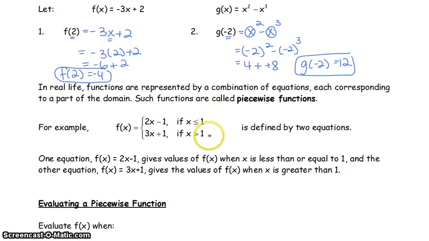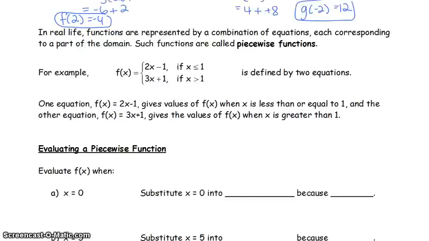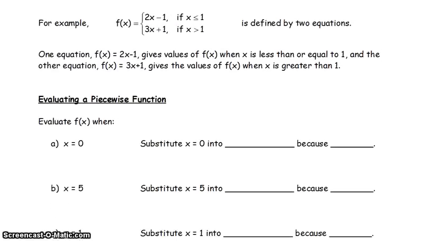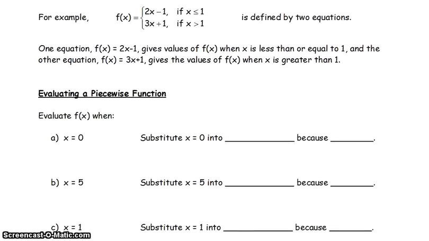Then you have 3x plus 1 when x is greater than 1. So we've got two different equations depending on what our x value is. One equation gives the values when x is less than or equal to 1, and the other when it is greater than 1. So we've got to take that into consideration when we evaluate that piecewise function.